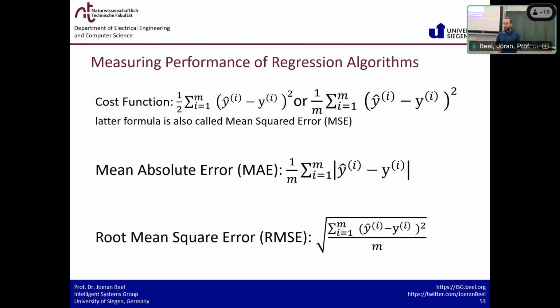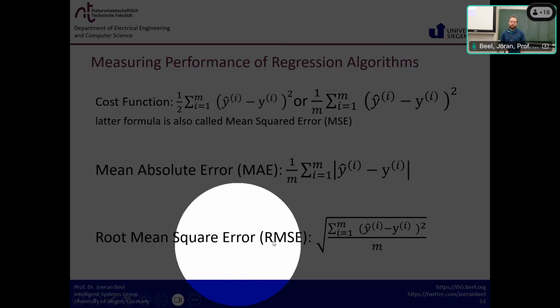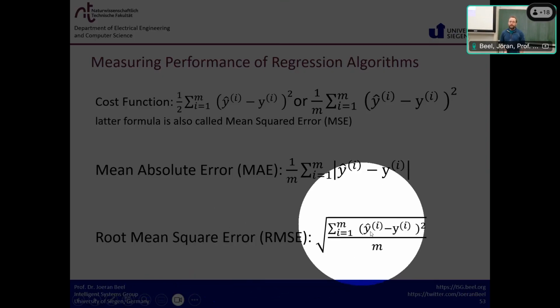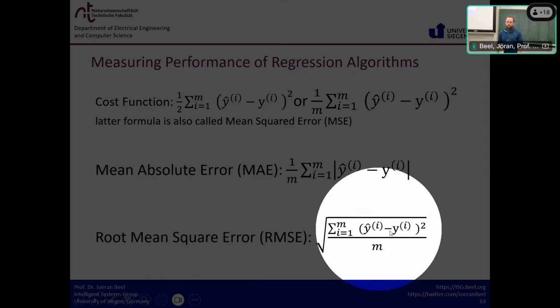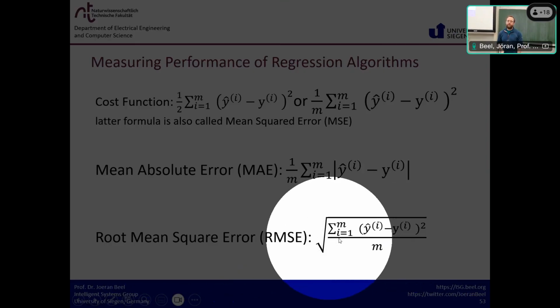There's a second metric frequently used for regression. All of this is regression; of course, for classification you cannot calculate these metrics. The second metric is called root mean square error, RMSE. That is the average of the squared errors, and then the square root of this.